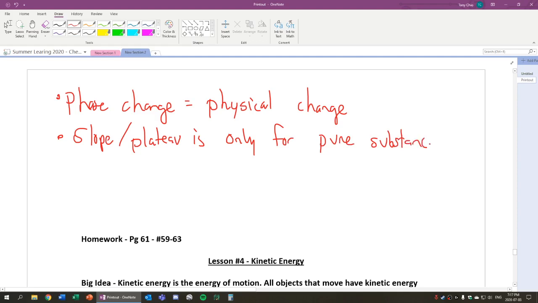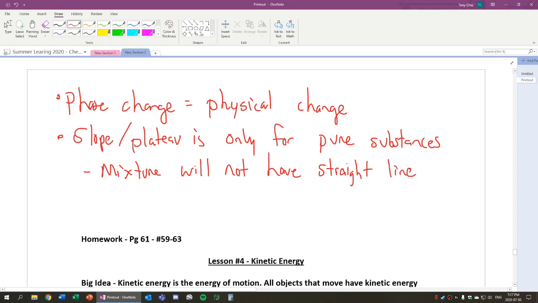And the reason why is because if you have a mixture, you will not have straight lines, because you're going to have a lot of heating and melting, for example, of different substances at different times. So that's why it will not give you a straight line.